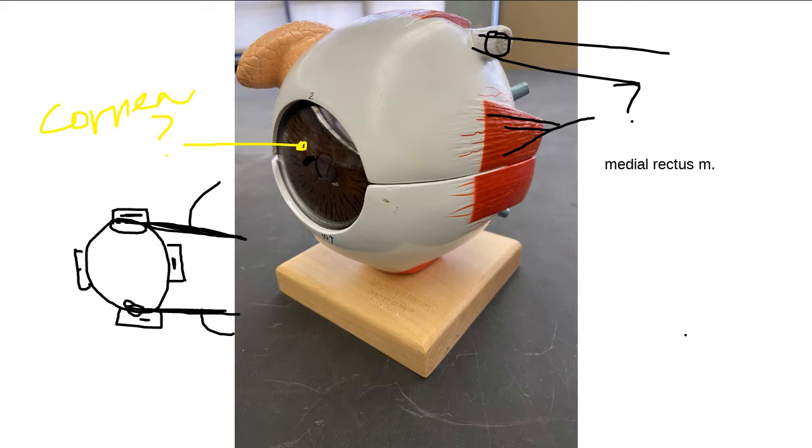Oh, the cornea. That's the cornea. What about this right here? The white part of the eye, the outer part. The answer is the sclera.